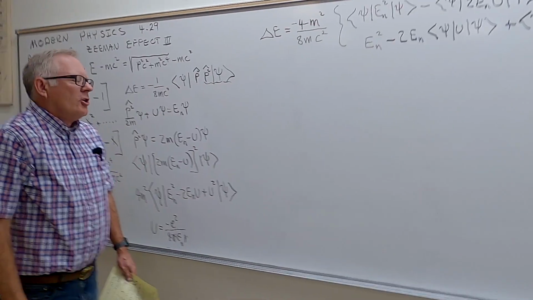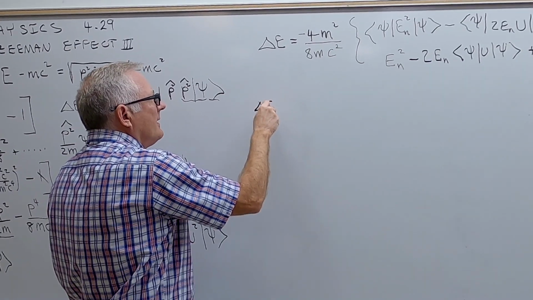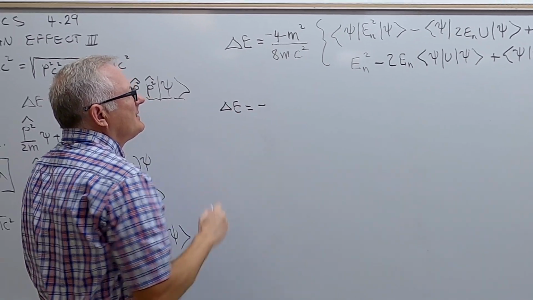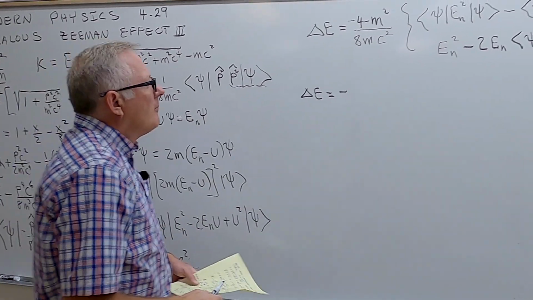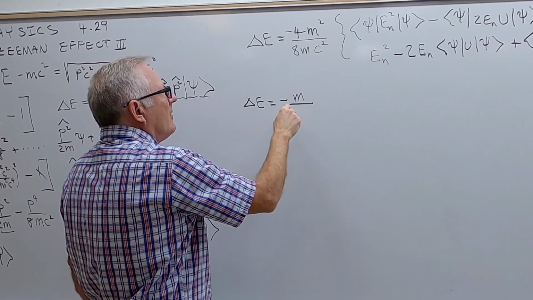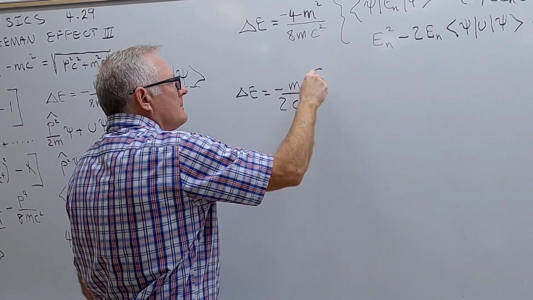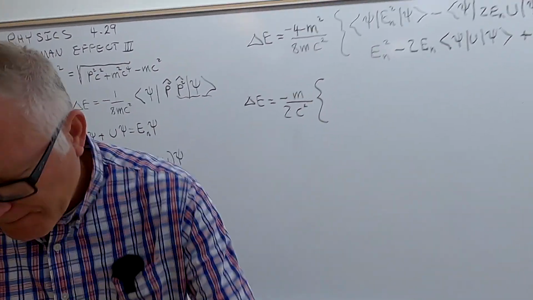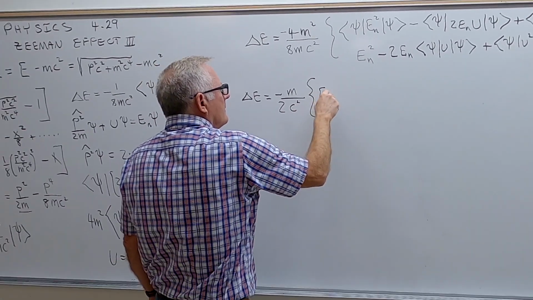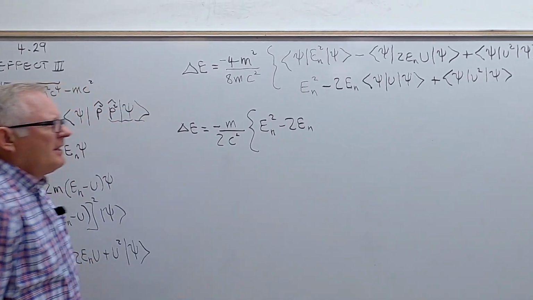Now, u, we might as well plug in what u is here. So we've got delta E is equal to, I'll cancel a 4 here, and cancel an m, so that's minus m all over 2 c squared, and so we've got E sub n squared, minus 2 E sub n, and then the u is this.